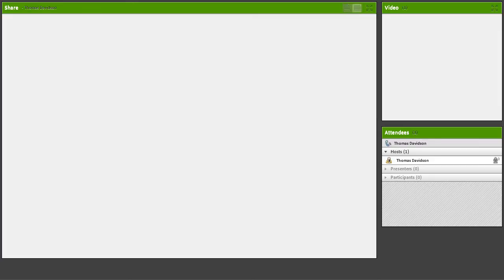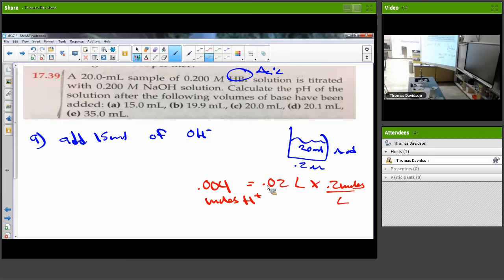And then I multiply that by 0.2 moles per liter, and you end up with the number we're going to use every single time, which is 0.004 moles of H plus. Okay? Now, every time we do one of these problems, this is the acid, and we're going to see how much of it is neutralized, and then find out what's left over.